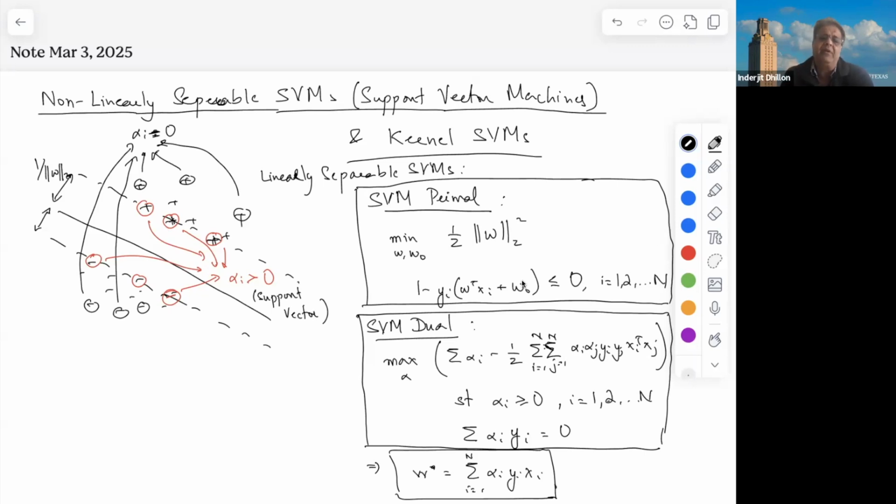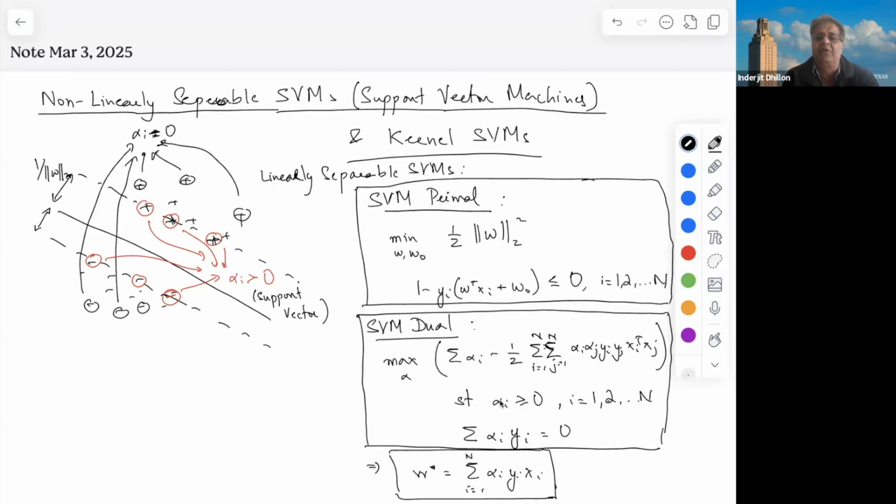But the other part is that much of the software which is able to work for very, very large data sets works with the dual solution. One reason is that in the dual, the inequality constraints are much simpler.